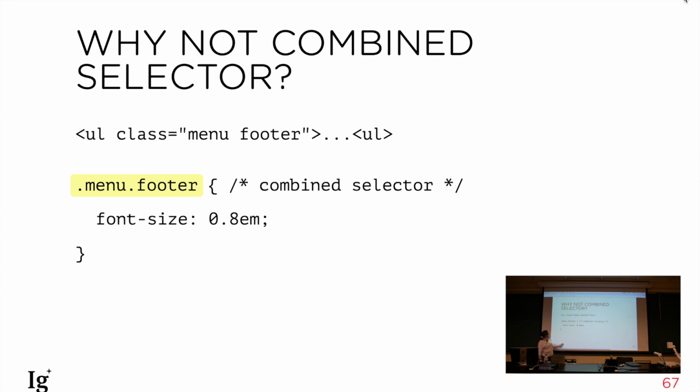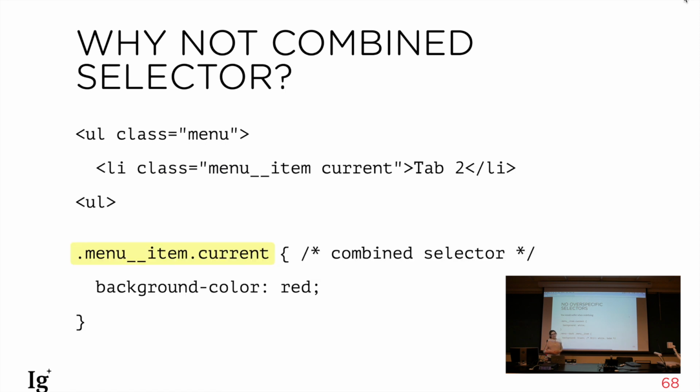Again, it is possible to use what is called combined selector in CSS. You can say only the menu which also has footer class. Technically it is possible, but in practice it could provide some bugs in unusual places. Also because it increases specificity, and if you have selector like that, you cannot later override it.